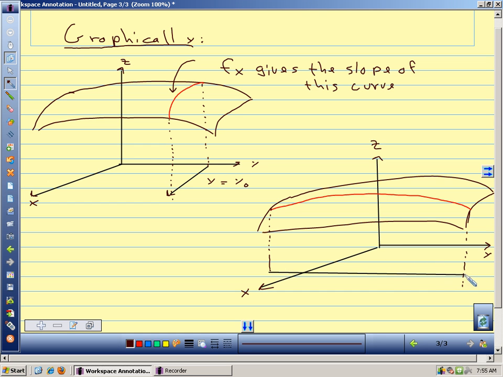And this line is x equals x0. The derivative with respect to y gives the slope of that curve.